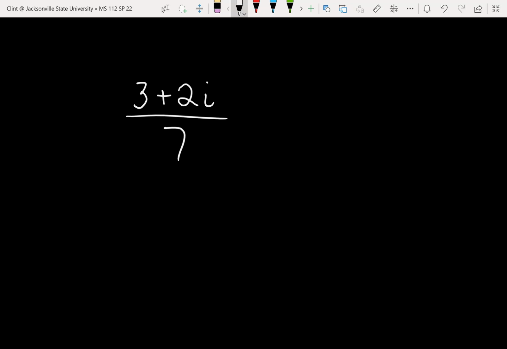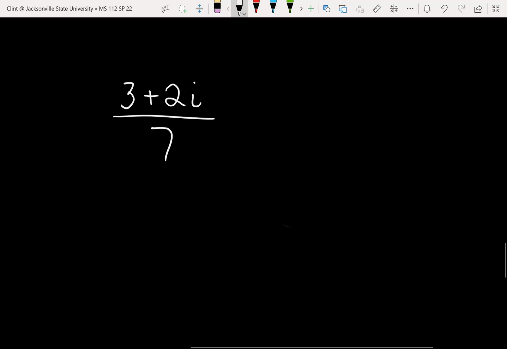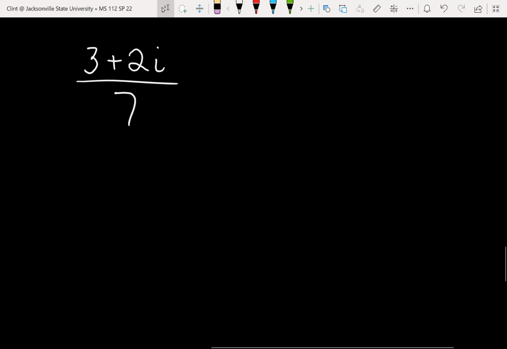She's asking about if you have a fraction involved, how do you split that up into a plus bi form? We'll do this one. Essentially, if we have something like this, they won't take that as our answer if it says put it in a plus bi form.